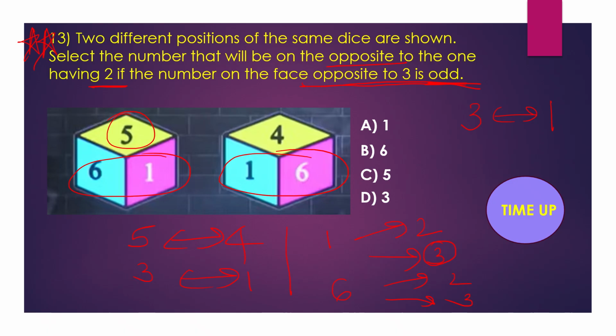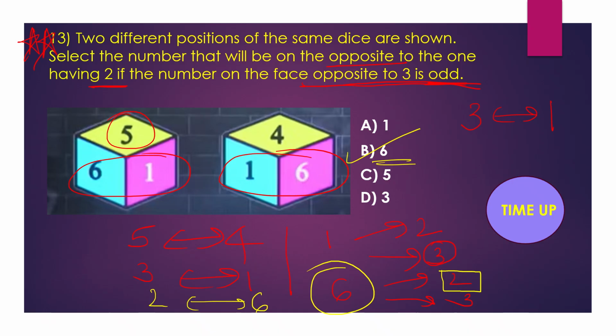Now what is left? But we want the opposite of 2. The question is, what is the opposite of 2? So what number is left now? 6. So the opposite of 2 is 6. So the correct option is option B. Now here, if they had not mentioned it in the question and if they directly ask what is the opposite to 2, then it would be what?